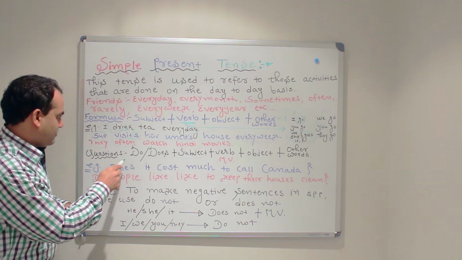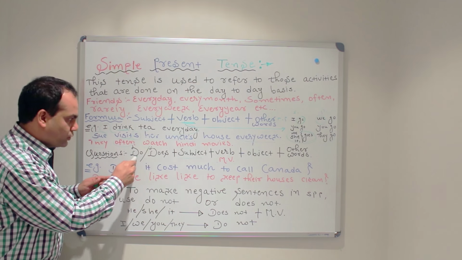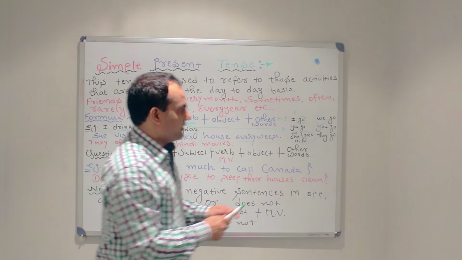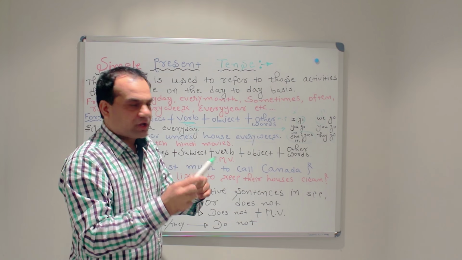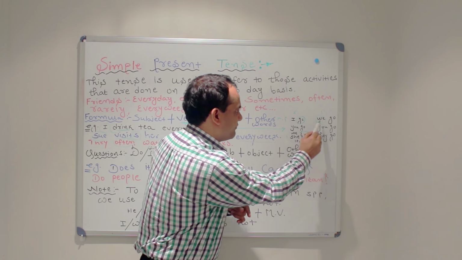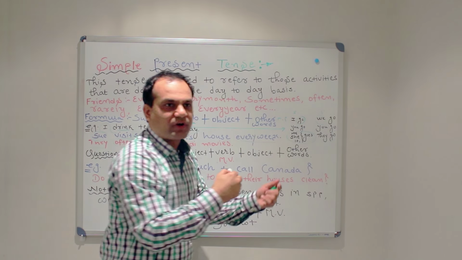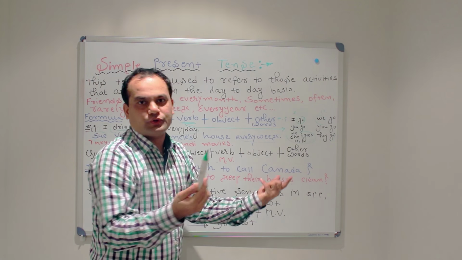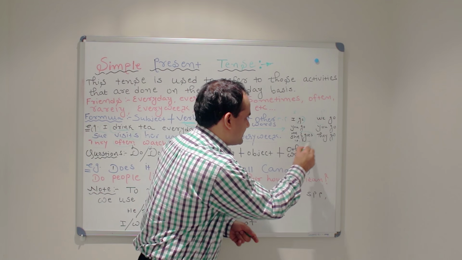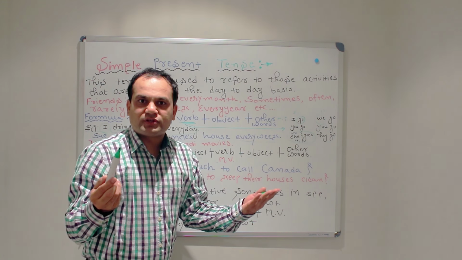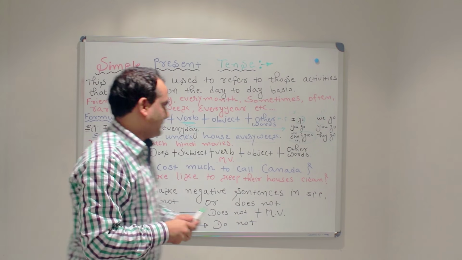Now, when will you use do and when will you use does? Come back to this graph here. When you are talking about I, we, you, they, and you want to construct a question, you use do. When you are talking about these three, he, she, it, you have to construct the question with does.